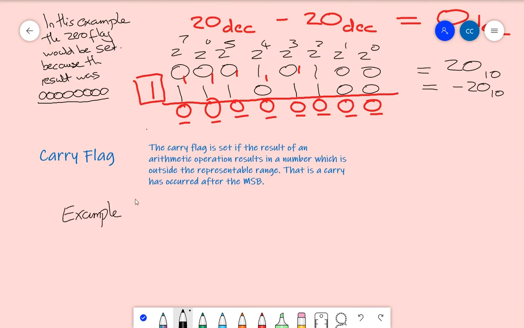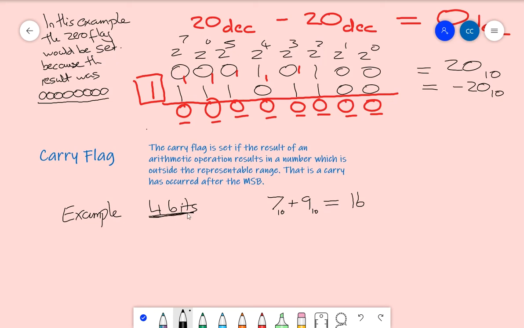And we'll do an example which is 4 bits. And in decimal, we want to add the unsigned numbers 7 and 9. Now in decimal, 7 and 9, so let's put in base 10 would be 16. But we've only got 4 bits.